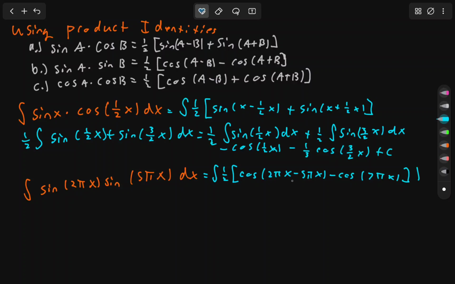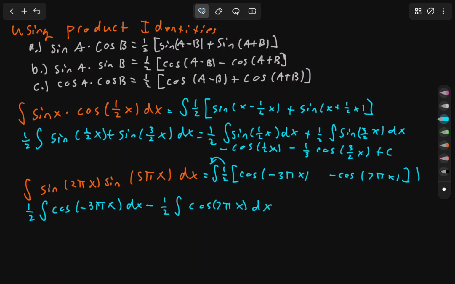We're then going to simplify this side, which becomes negative 3 pi x. We're going to pull this 1/2 out front, so this becomes 1/2 times the integral of cosine of negative 3 pi x dx minus 1/2 the integral of cosine of 7 pi x dx.